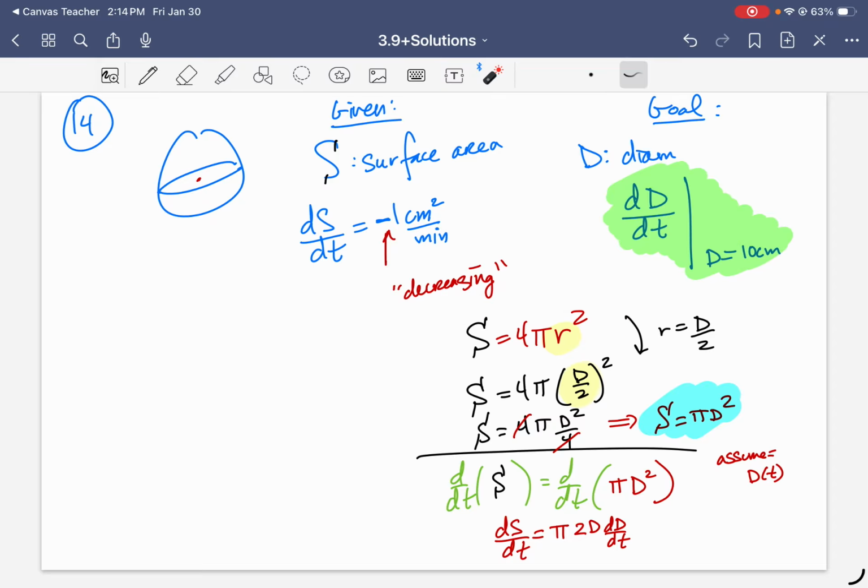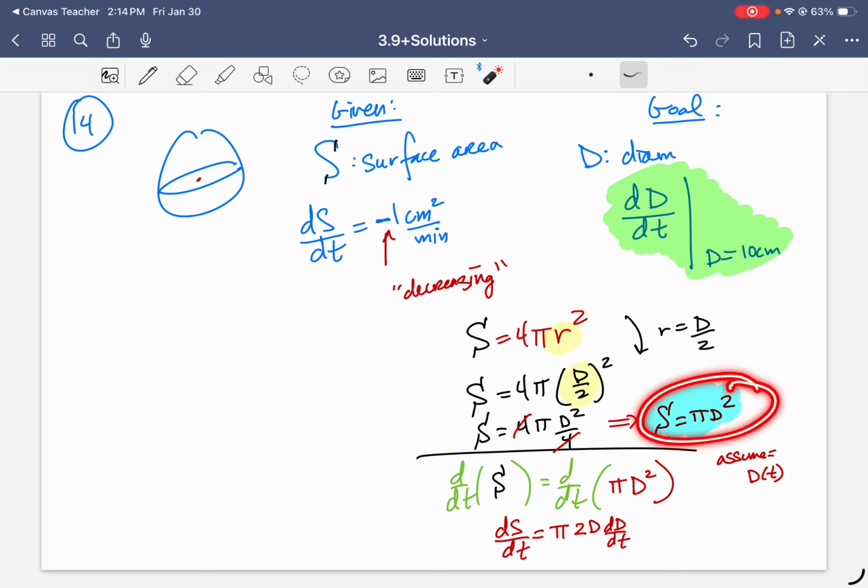So we are given that the surface area of a sphere is 4 pi r squared. Notice that's the derivative of volume, which is pretty interesting. But the radius is the same as diameter divided by 2. So d squared over 4 cancels out the 4, and this is our equation for surface area.